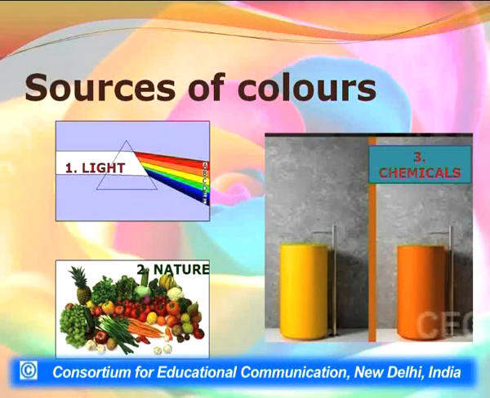Now I will come to sources of color. We can say that a particular surface is colorful, but what are the sources of colors? There are 3 sources of color. One is light.